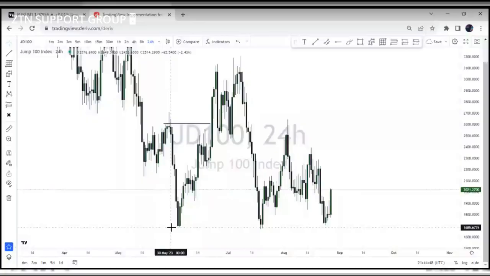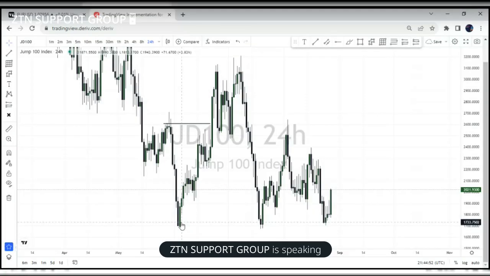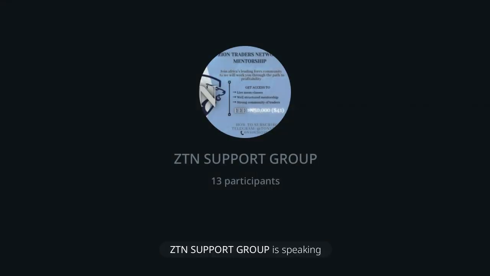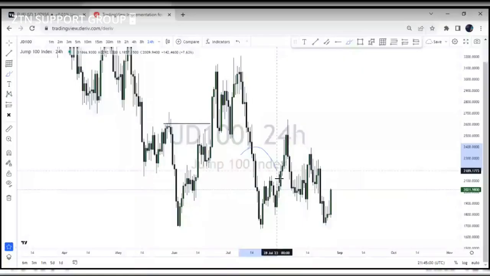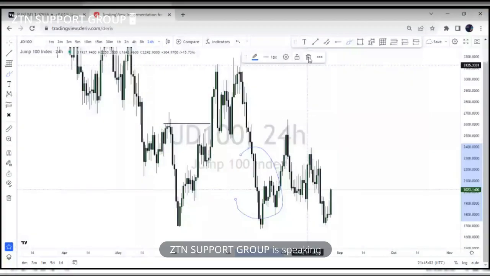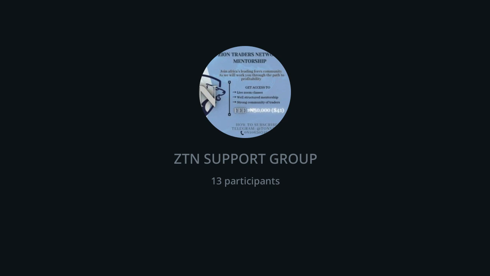Did it sweep the low? Yeah, it swept it but closed within structure. But for me, around here, I'm really not seeing anything that makes sense. But let's check the 4 hours.